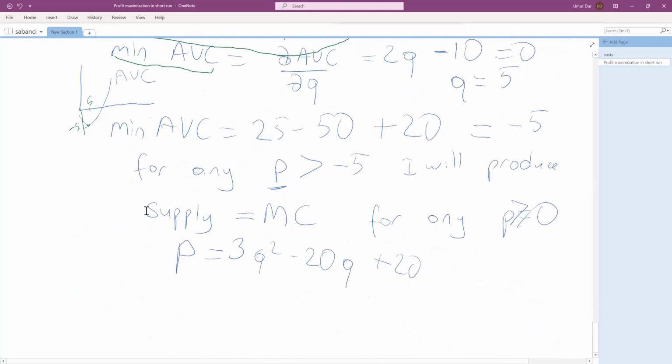Then the supply will always equal the marginal cost curve. The marginal cost curve is given like this, and the supply curve is price equal to this marginal cost.